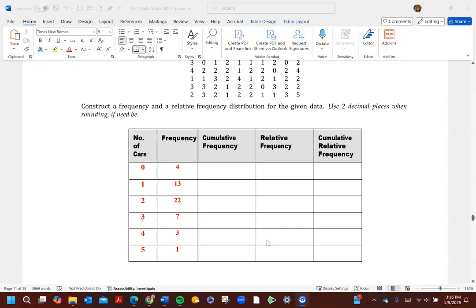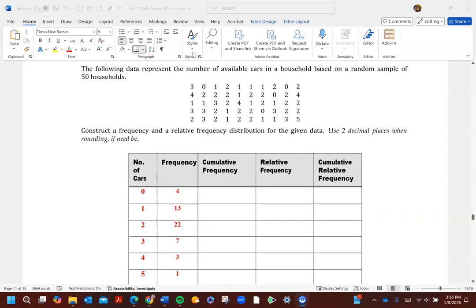Okay, I wasn't looking that carefully to start with, because we do go up to 5 cars. That's why there are 6 rows. So this is what it should look like. Frequency should be 4, 13, 22, 7, 3, and 1. Just looking at the table gives you a good idea.